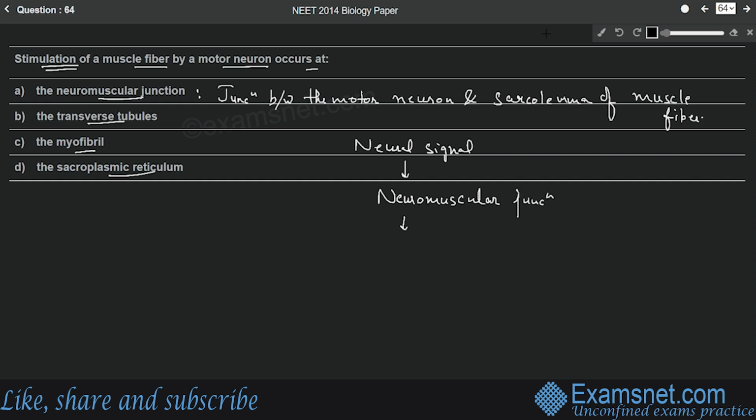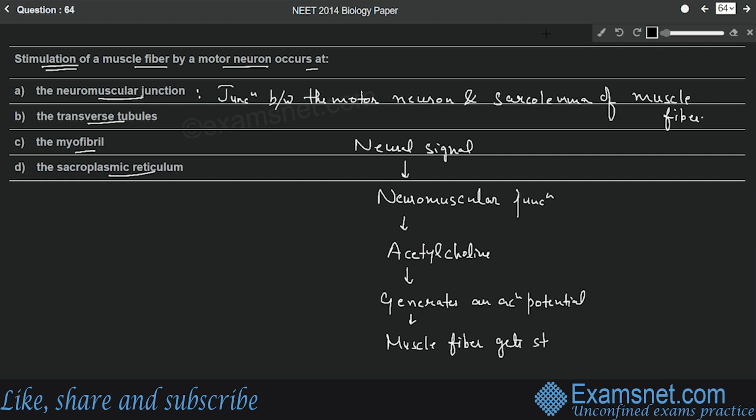Here, it releases a neurotransmitter that is acetylcholine. And this acetylcholine stimulates the muscle fiber by generating an action potential, due to which the muscle fiber gets stimulated.